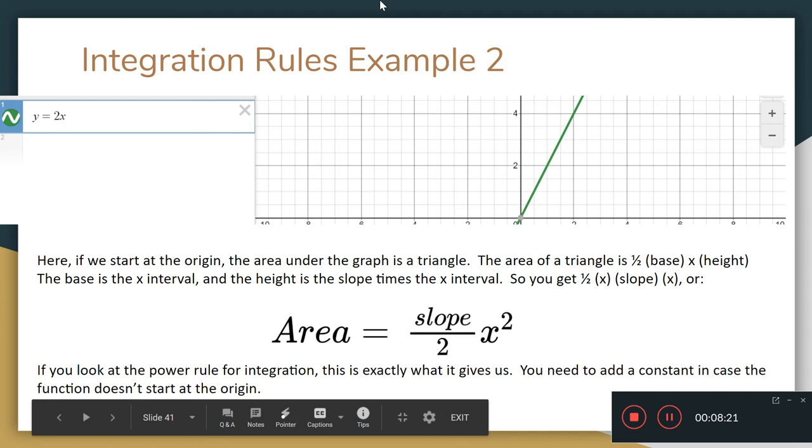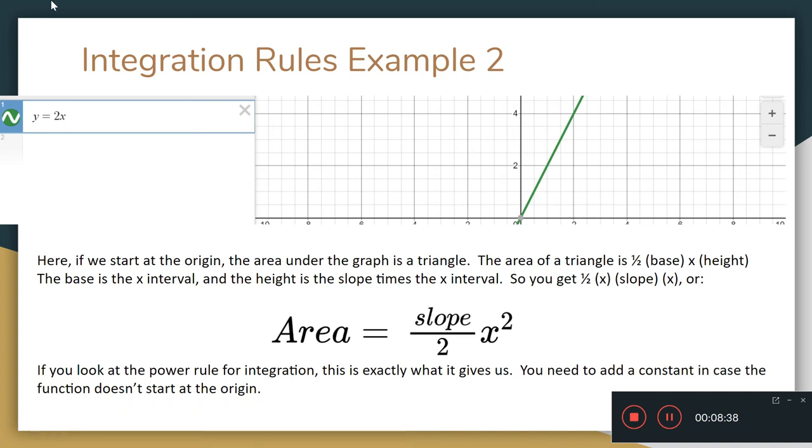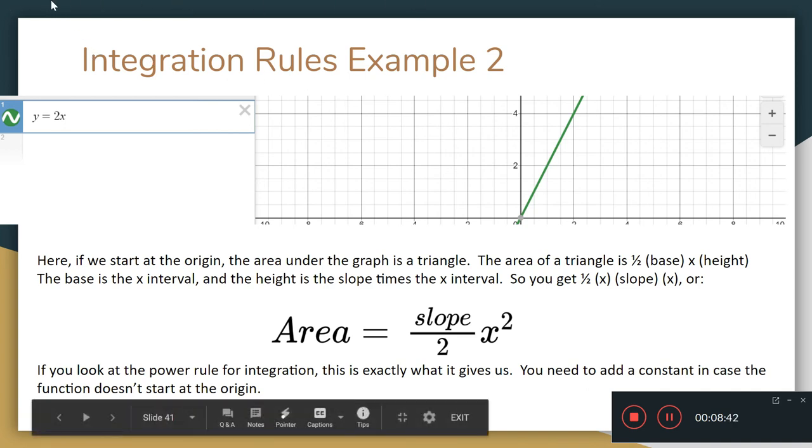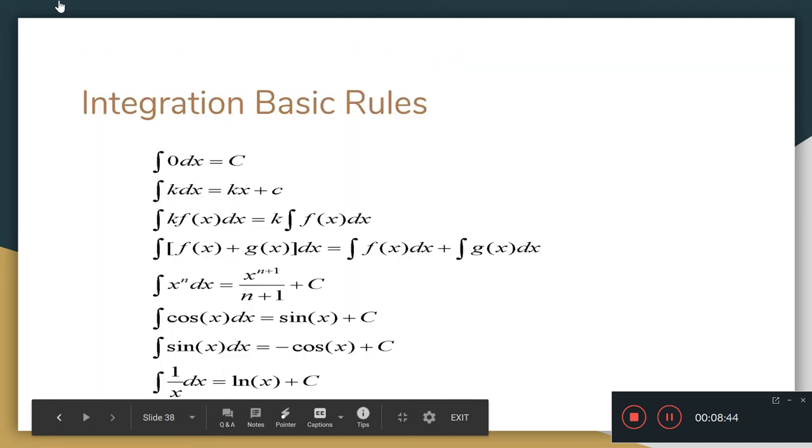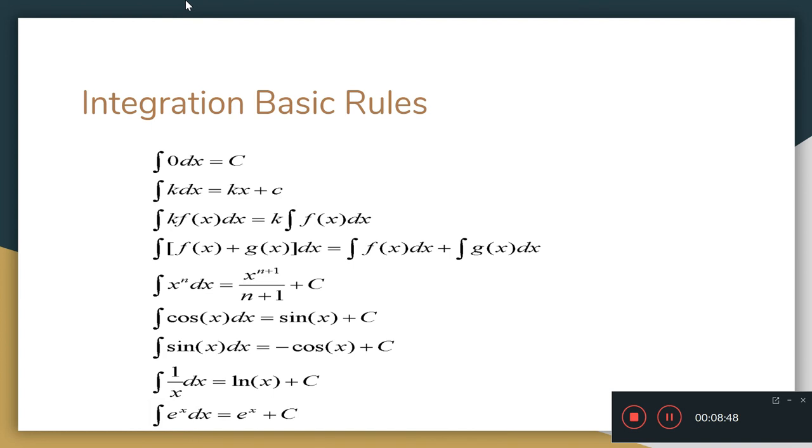If we look at the power rule for integration, this is exactly what we would get. We would need to add the constant in case the function doesn't start at the origin. I said it did in this specific example, but if it didn't, we would have a plus c. So what I'm getting at here is, if our function is y equals 2x, the power rule says this would be 2x to the 1, really.